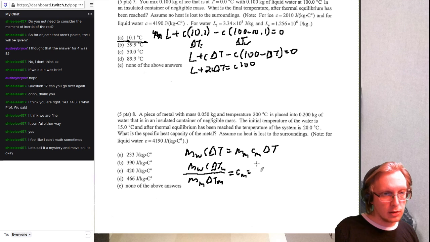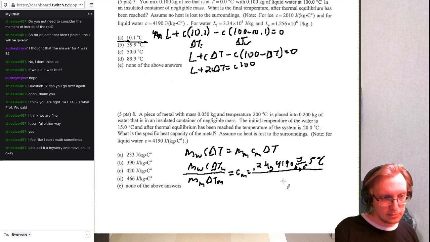Mass of the water is 0.2 kilos. C is 4190 joules per kilogram Celsius degrees, and the change in temperature goes from 15 Celsius to 20 Celsius, so that's a 5 degrees Celsius increase, divided by mass of the metal, 0.05 kilograms.